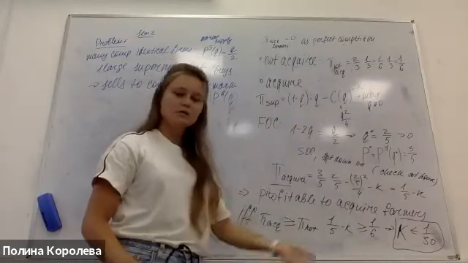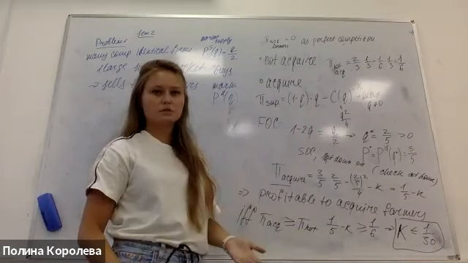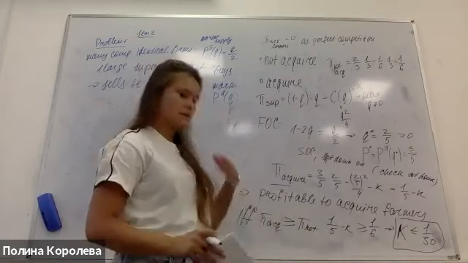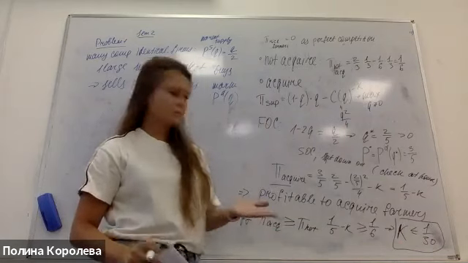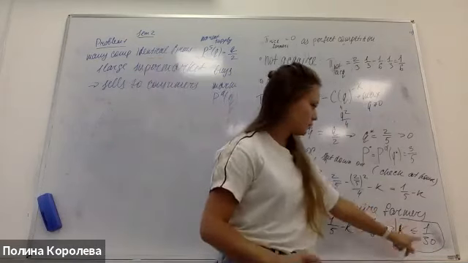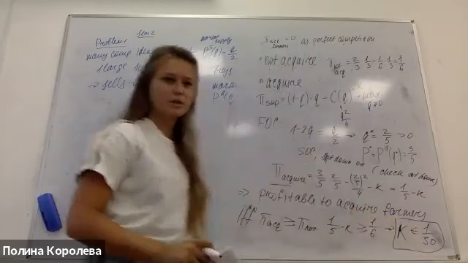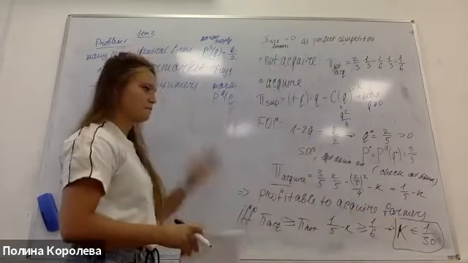So it can buy or not buy. Yes, but it can buy with some probability. So we write less or equal. Okay, thank you.